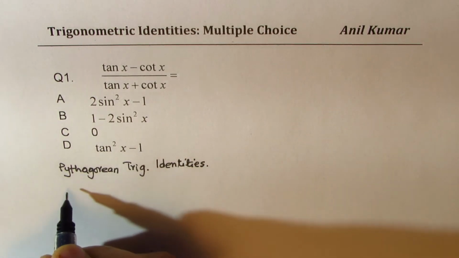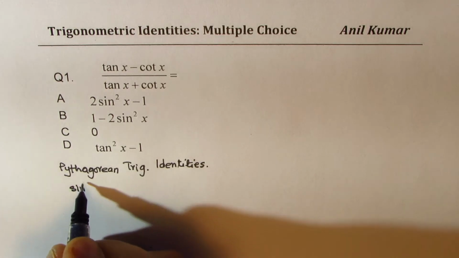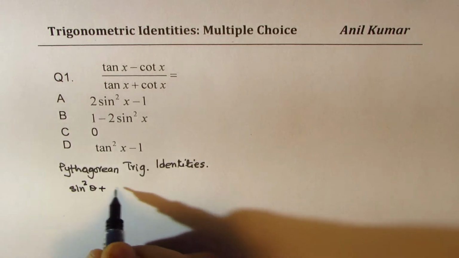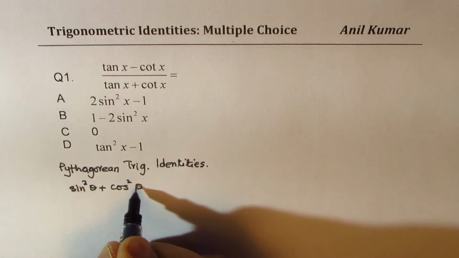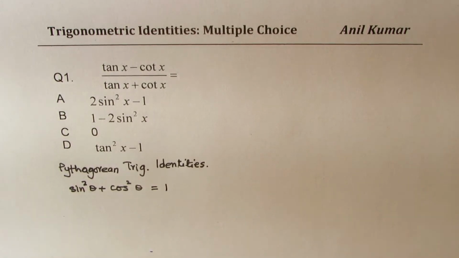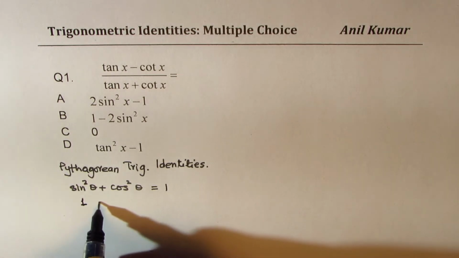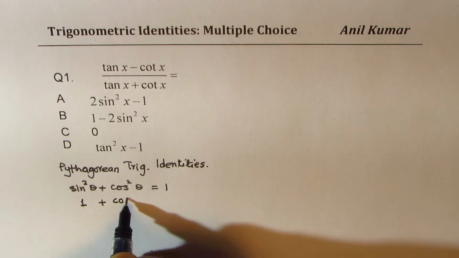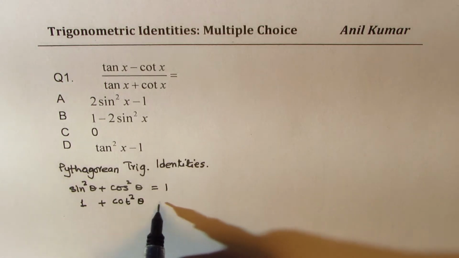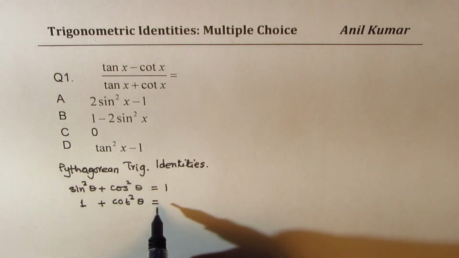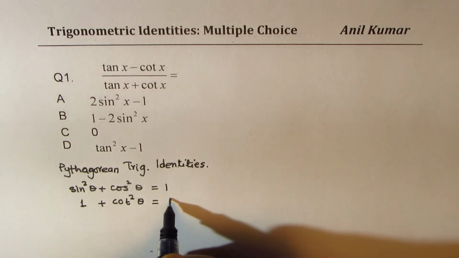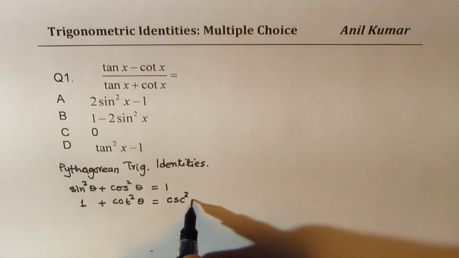So basically we have 3 of them. One is sine square theta plus cos square theta equals 1. And if I divide by sine, then we get 1 plus cot square theta equals 1 over sine square, which is cosecant square theta.